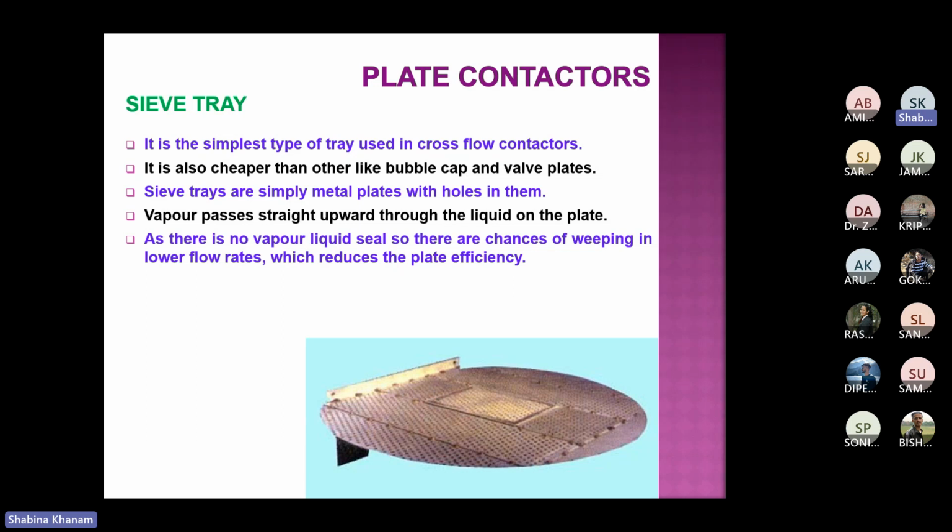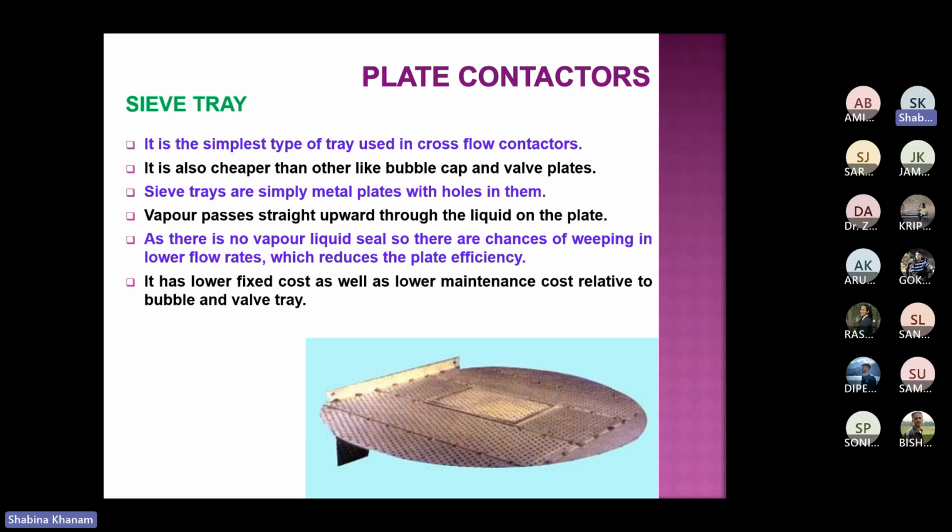Right now we are only discussing the conditions, but how those conditions will be met during the design, we will see. So the limitation of the sieve plate is that a low flow rate of vapor cannot be handled in this sieve plate.